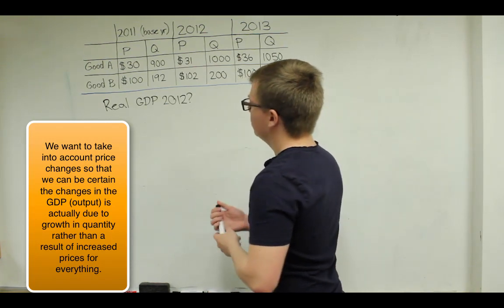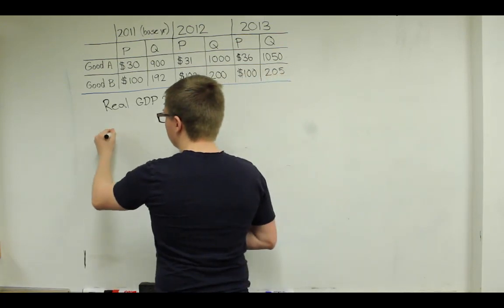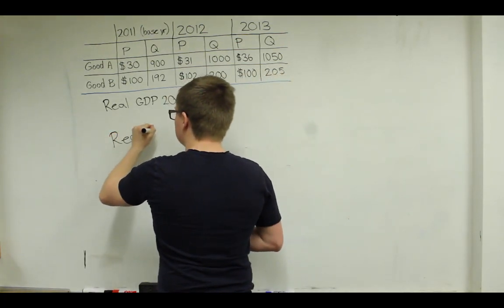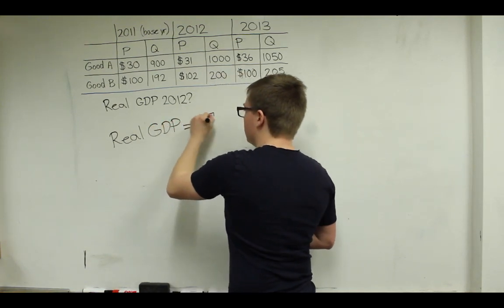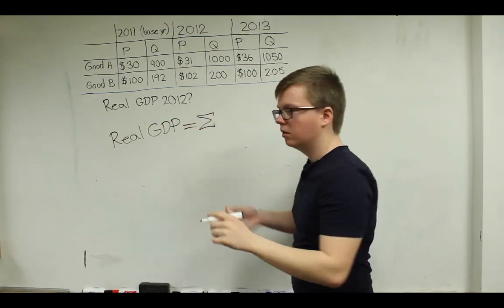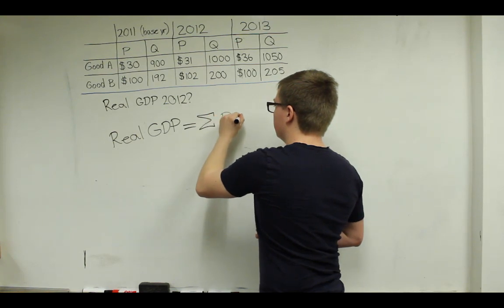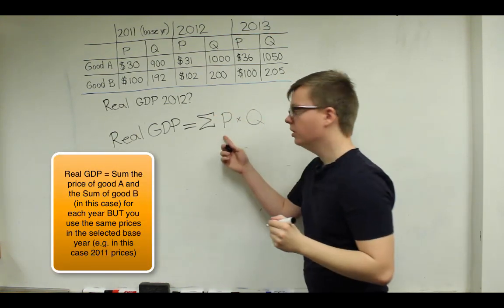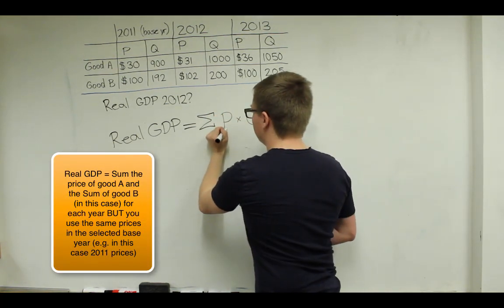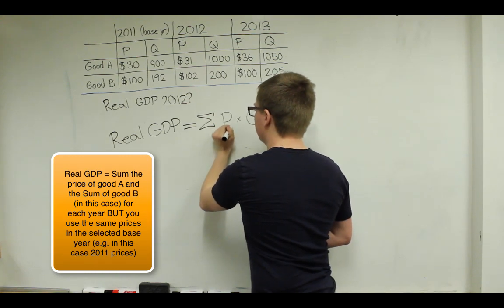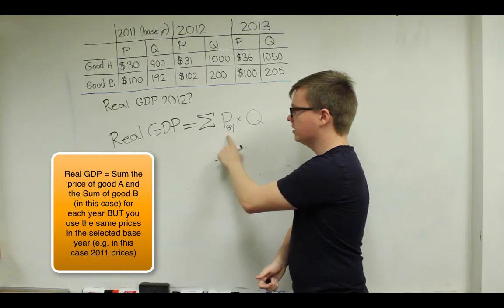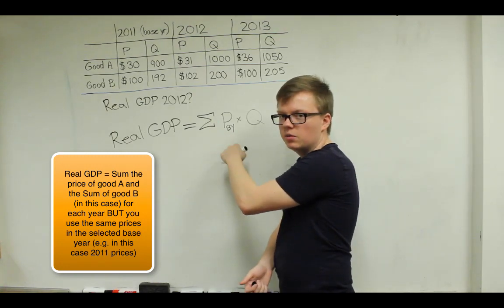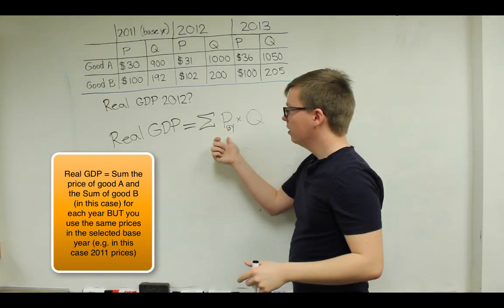So real GDP is a very similar formula to nominal GDP. You're still adding price times quantity for each good, but with one change. You use the prices from the base year. I put BY here to mean base year.